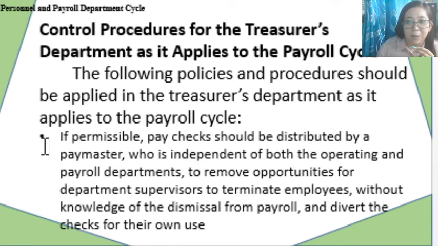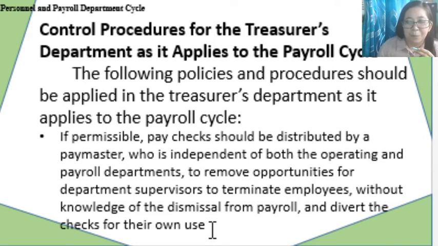Okay, so if permissible, the paycheck should be distributed by a paymaster. So there should be a paymaster who is independent of both the operating and the payroll department. This is done so that opportunities for department supervisors to terminate employees without the knowledge of the dismissal from payroll and divert the checks for their own use will be avoided.